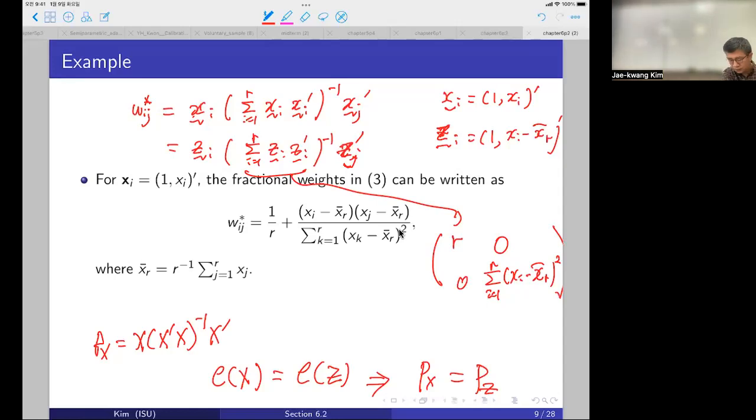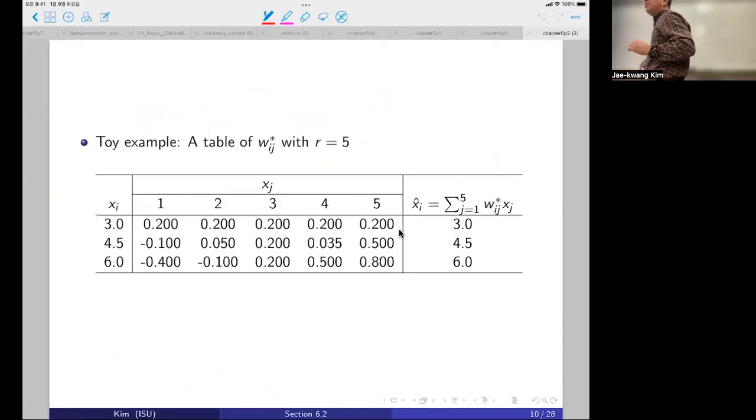Having a good big picture is important, but we also need to be familiar with all kinds of computational techniques in order to do anything. So anyway, now let's really take a look at the behavior of this weight. Let's use a very simple toy example.